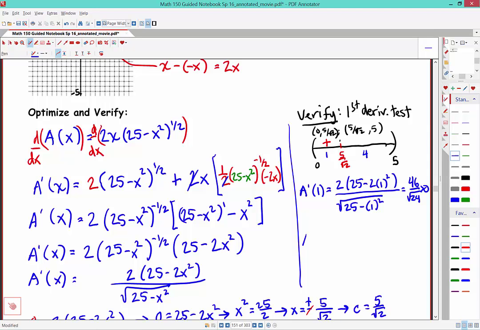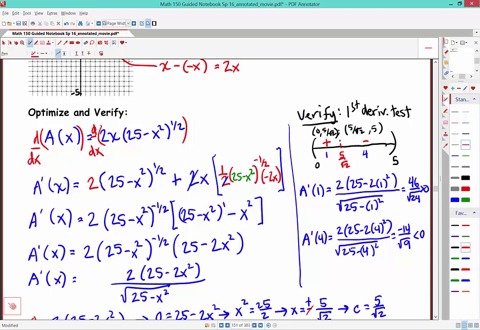And then A prime at 4 will be 2 times 25 minus 2 times 4 squared, all over the square root of 25 minus 4 squared. So that's going to give us a result in the numerator of, I think, negative 14 over root 9, which is less than 0.